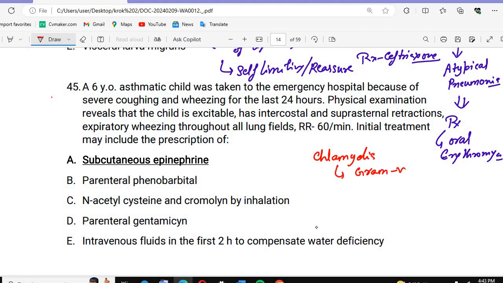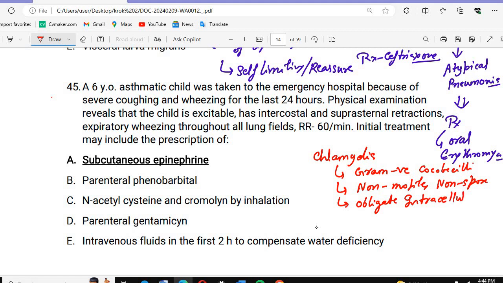It is non-motile and non-sporing, which means no spore formation. And it is an obligate intracellular bacterium. I hope everyone knows what obligate intracellular means: obligate means exclusively present inside the cells; they can grow inside the cell only.